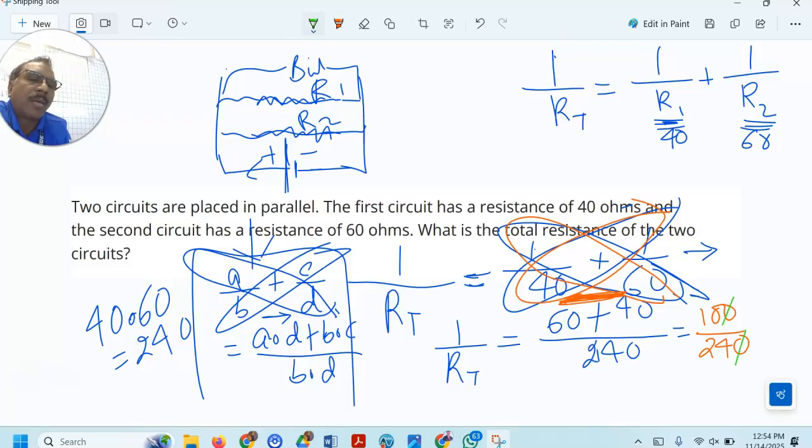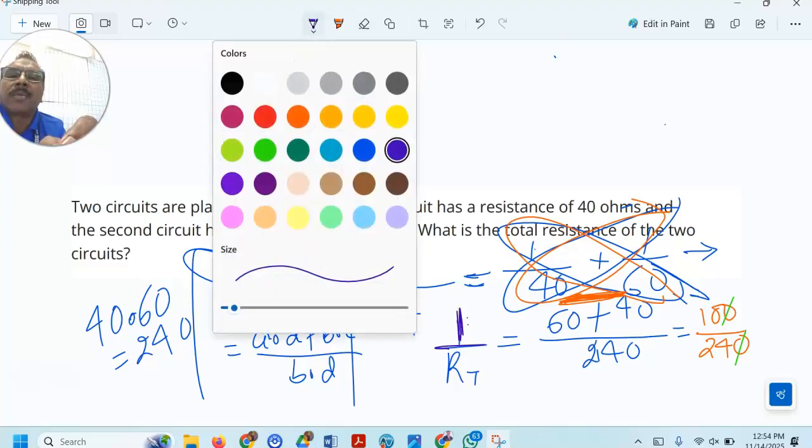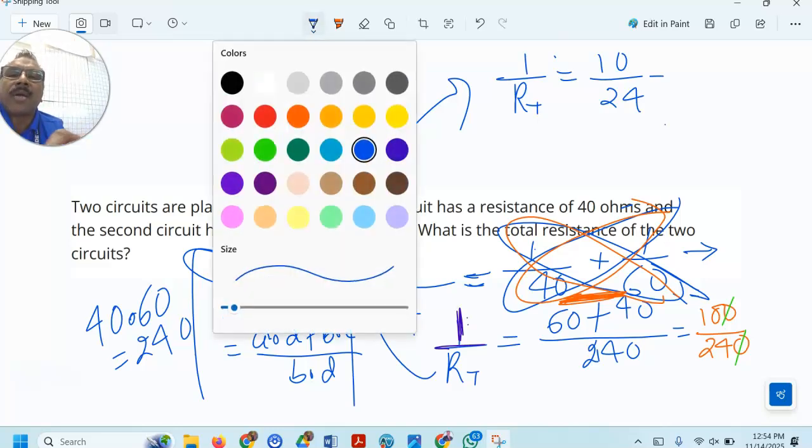And on the left, it is 1 over RT, right? So let me clean this off and write on top. What we got: 1 over total resistance is 10 over 24, and you just use cross product again, and you're done.